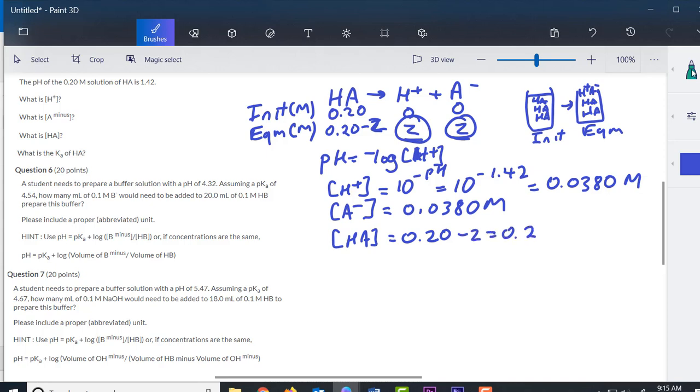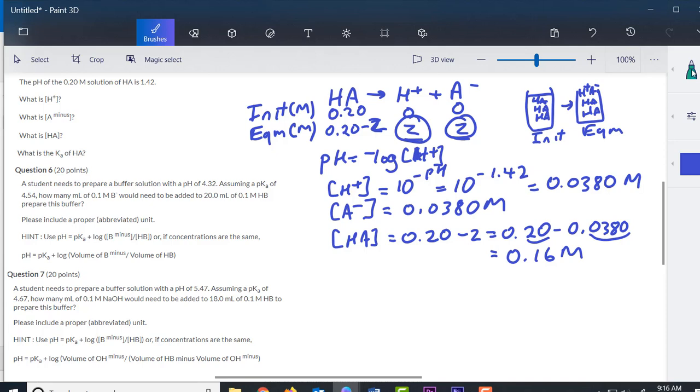So it's 0.20 minus 0.0380. And if we take into account significant figures, the fact that there's 2 places past the decimal here, and then 4 places past the decimal here, our answer comes out to 2 places past the decimal. So it'll be 0.16 molar once you put that in your calculator and you round it out to 2 decimal places.